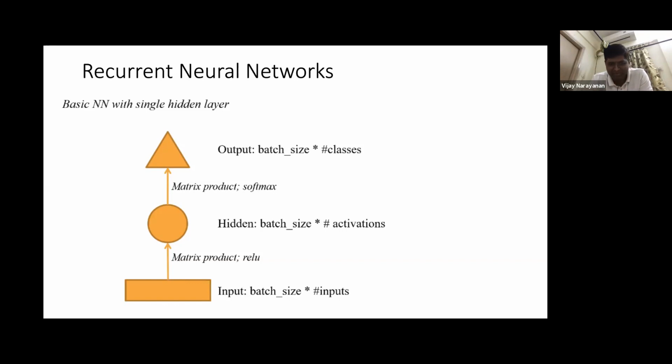This is how Jeremy explains it with the notations, right? You have this rectangle box, which signifies an input. The size of it would be equivalent to the batch size times the input size. Then you run it through some matrix product. Basically, you run it through an embedding because you're going to use it for text, and text can be so much.